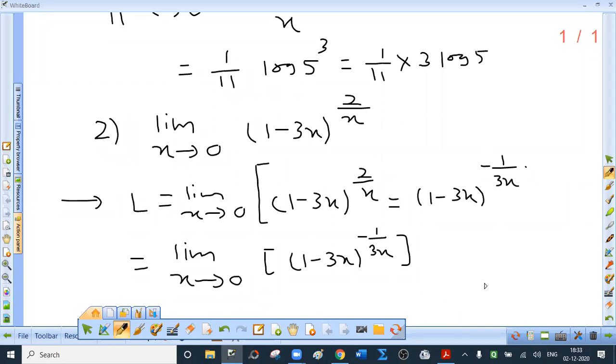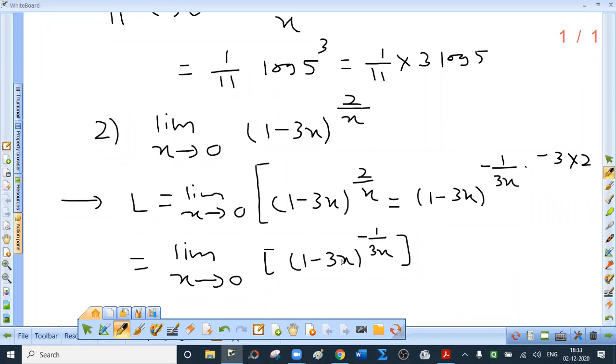To get the original, this is to be multiplied by what? This is to be multiplied by minus 3 into 2. Is this correct? Just check this. Minus 6 upon 3x, minus 6 upon minus 3x. Yes, 2 upon x. Okay. See, this minus 3 gets cancelled, 2 upon x.